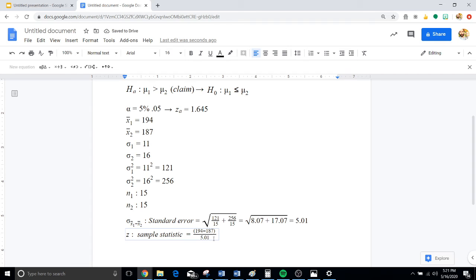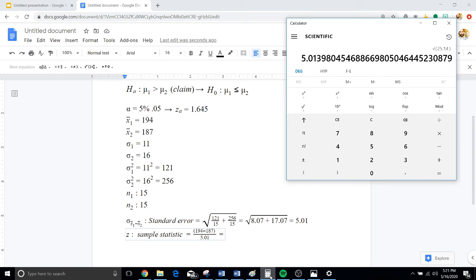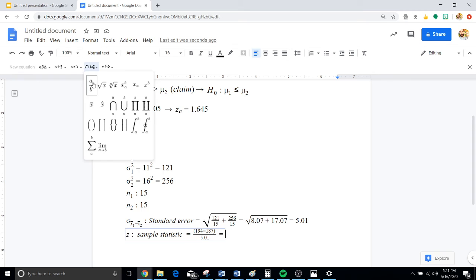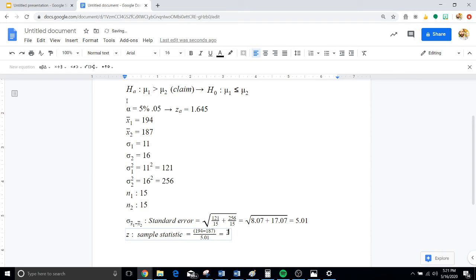All right, last step. So we just need to figure this guy out. So 194 minus 187 will give us a 7, so 7 is going to be our numerator. And we're going to divide that by 5.01.